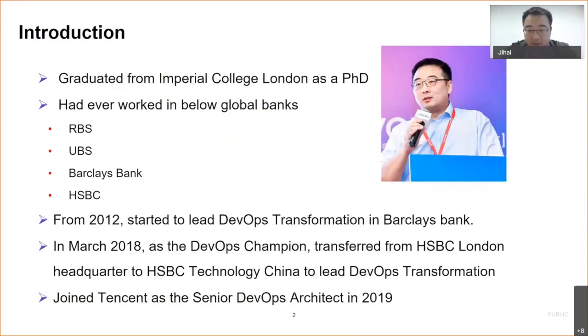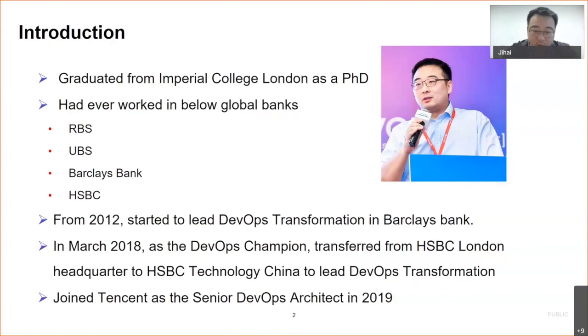Okay, here's me. Actually, I graduated from Imperial College London quite a long time ago as a PhD. My research was mobile communications, so it's mobile 4G. It's very old now, quite a long time ago. Now it's all 5G. After I graduated, I started to work in banks, for example RBS, UBS, Barclays, and also HSBC.